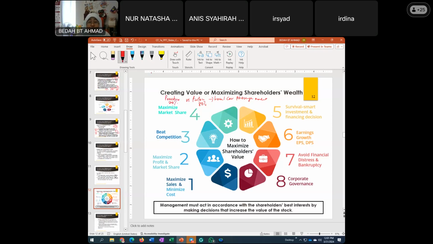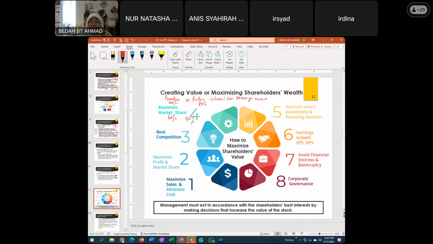Last time Perodua had 20%, but now I think Perodua has already overtaken the market share of Proton. I think now it is 60% Perodua, 40% Proton.